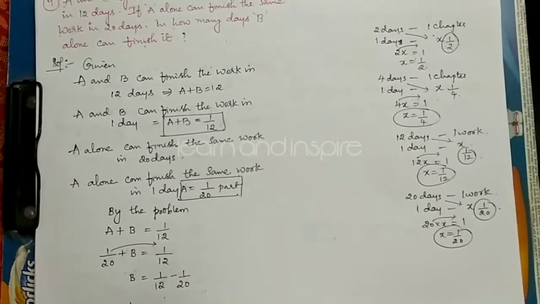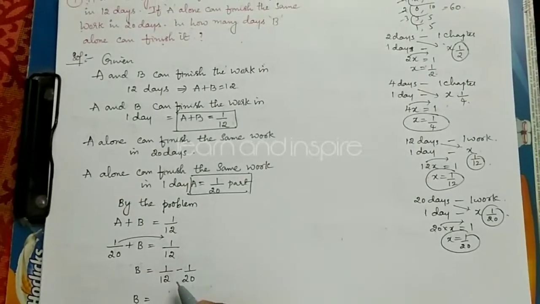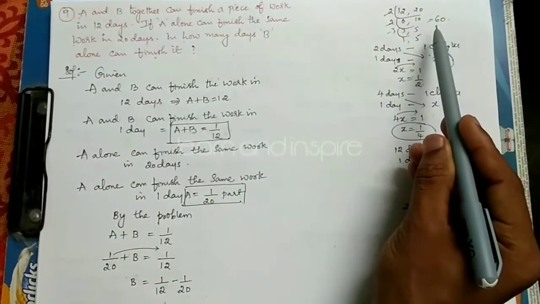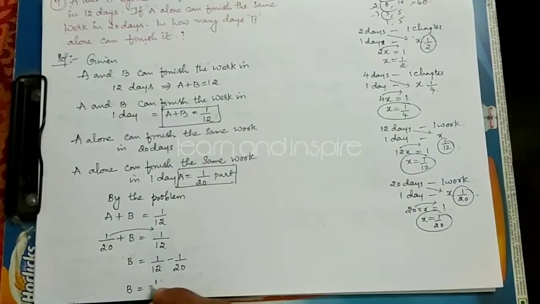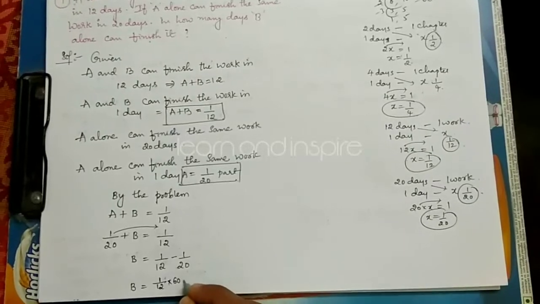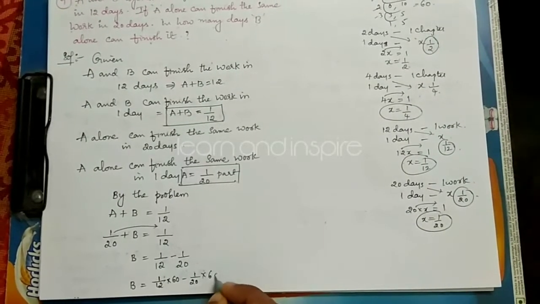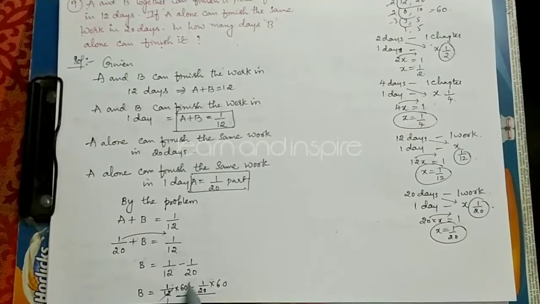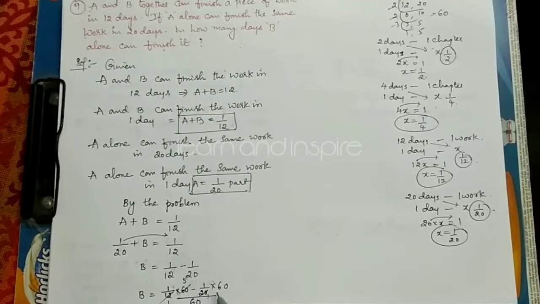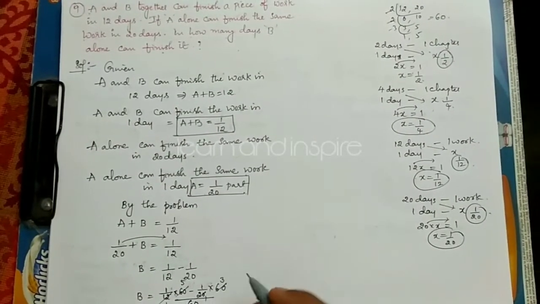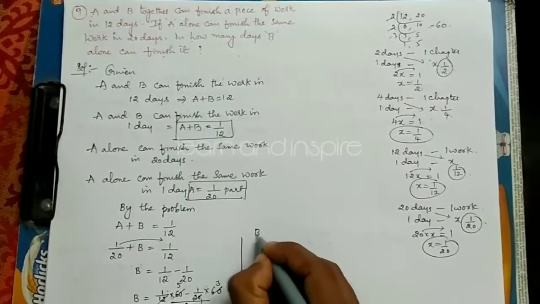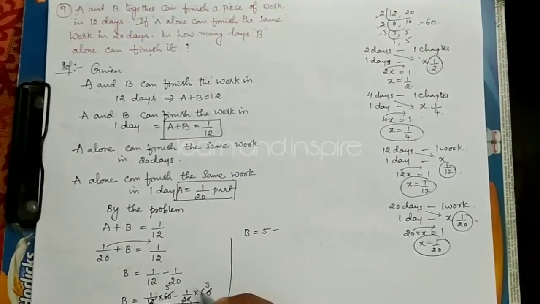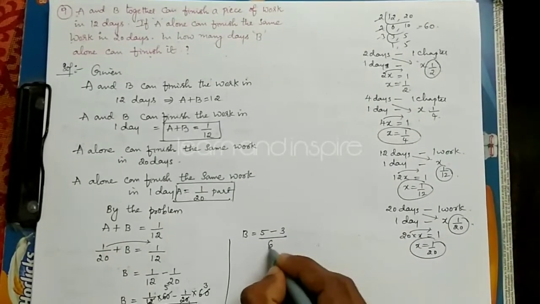Okay, now by taking LCM, the LCM of 12 comma 20 is 60. So here I have done that LCM. So LCM is 60. Now 1 by 12 into 60 minus 1 by 20 into 60, divided by 60. Okay, so by cancelling, 12 ones are 12, 5s are 5, 20 ones are 20, 3s are 3, that implies B is equal to 1 fives are 5 minus 1 threes are 3, divided by 60.